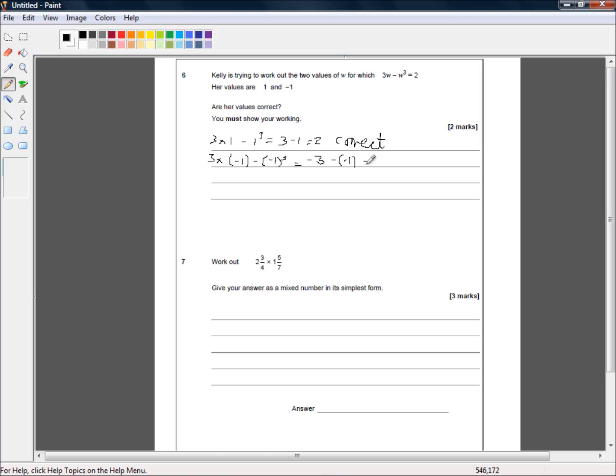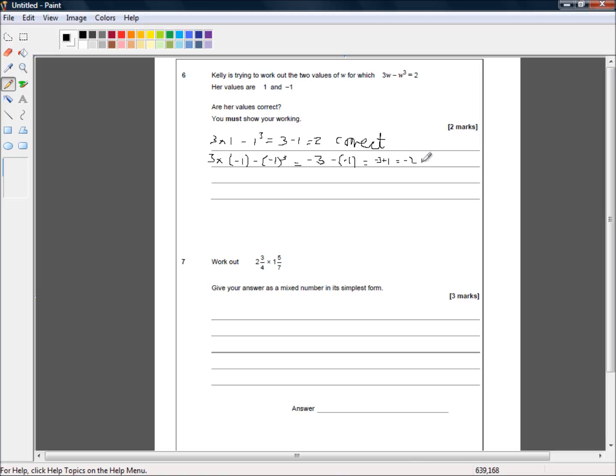So that is equal to negative 3 minus negative 1. We're subtracting a negative number, which is the same as adding. So that's the same as negative 3 plus 1, which is equal to negative 2.